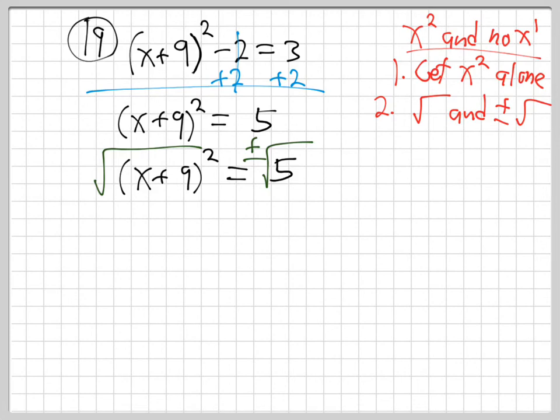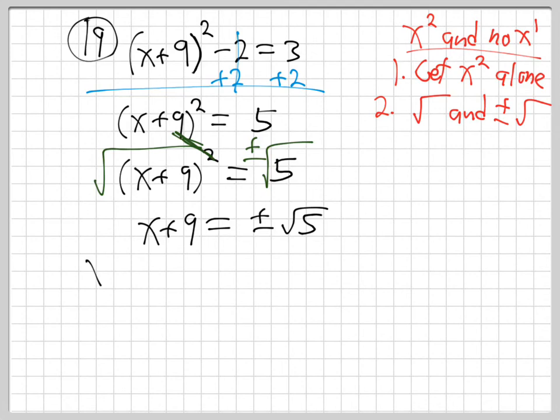You put a roof on the house, you got to go up and down the ladder. My dorkiest saying, right? It's just dorky enough that you don't forget it. A new roof on the house, up and down, plus or minus. When you put a root on both sides, you got to go plus or minus. All right, and now the root cancels the square. Remember, they're opposites? Roots and squares are always just the opposites. So that just tears off the shell, out comes the snail: x plus 9 equals plus or minus root 5. Right, good.